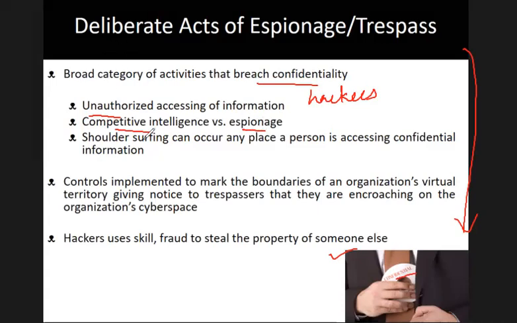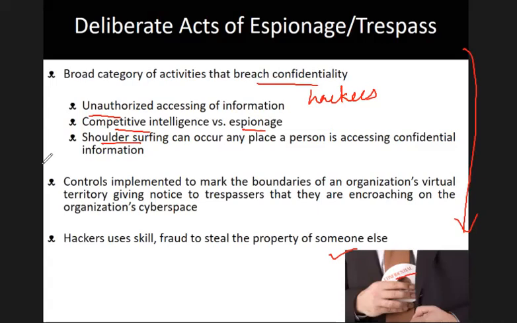Then the next is shoulder surfing, which can occur any place a person is accessing confidential information. What does shoulder surfing mean? If a particular person is in the habit of working after office hours in a coffee shop, someone gets an idea that this person is doing his work at a specific place at that specific time.